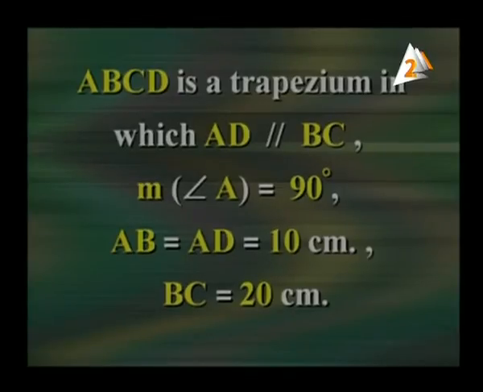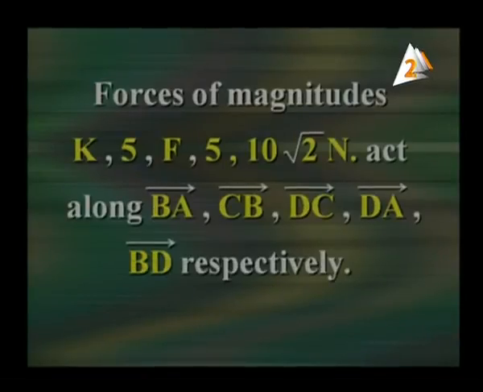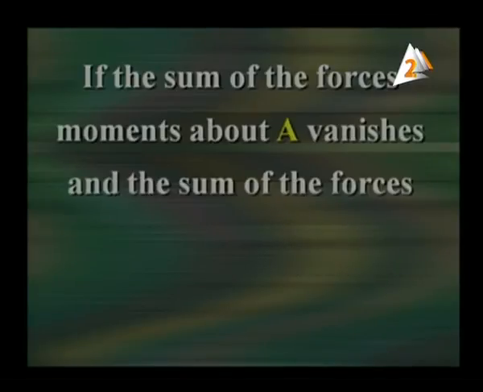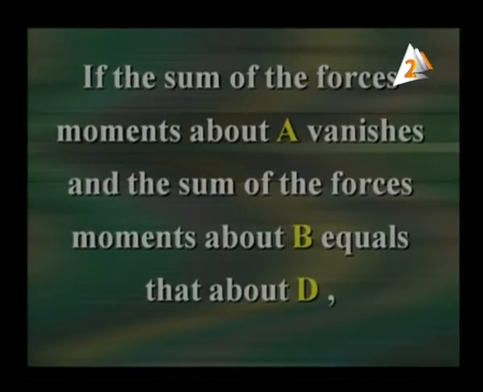Now, forces of magnitude K, 5, F, 5, 10 root 2 Newton act along BA, CB, DC, DA, DB respectively. If the sum of the forces' moments about the point A vanishes and the sum of the moments about B equals that at D, find the values of F and K.